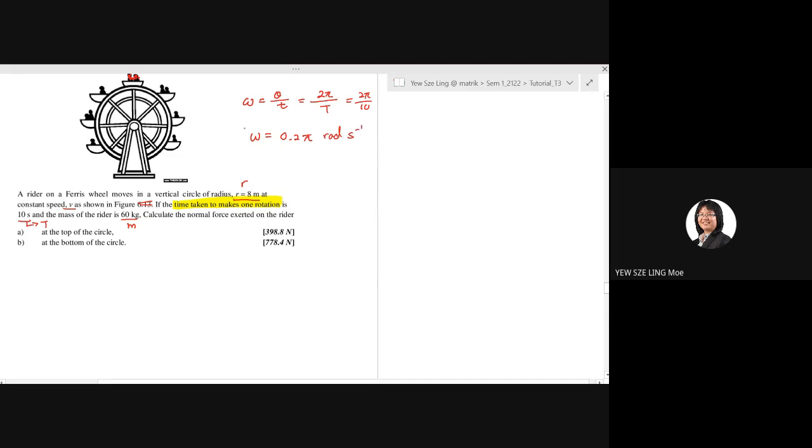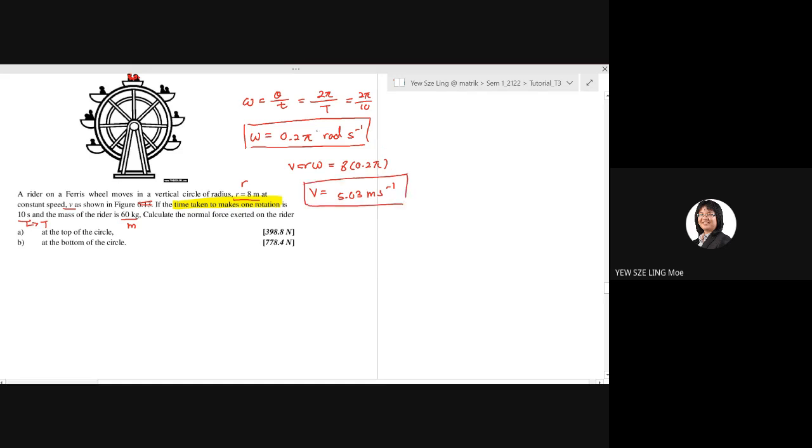So we change it into v to make it easier. v equals r omega, which is 8 times 0.2 pi. So v is then equal to 5.03 m/s. It is up to you whether you want to use omega or v.